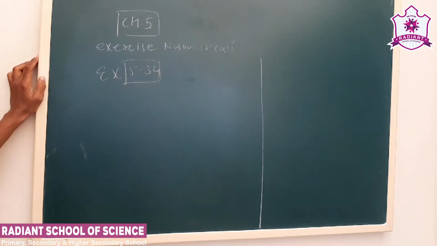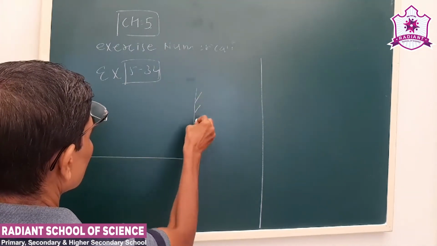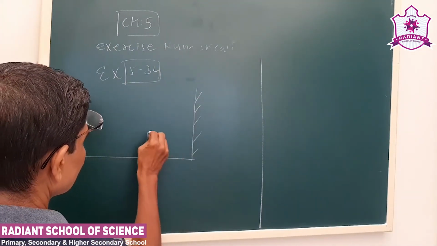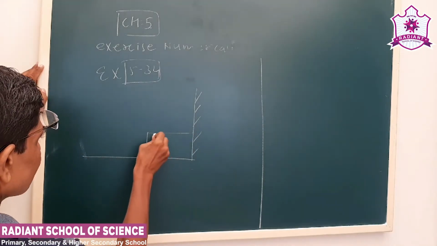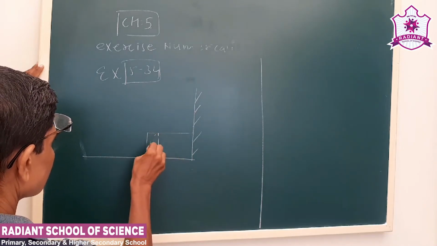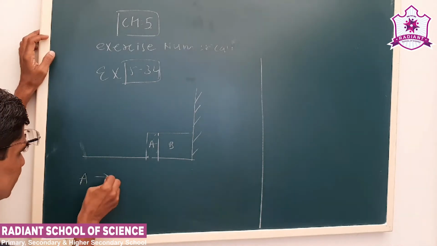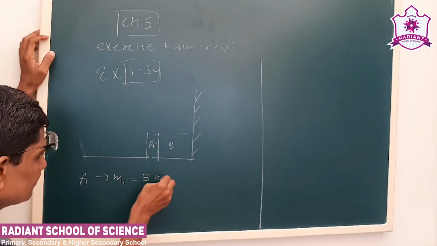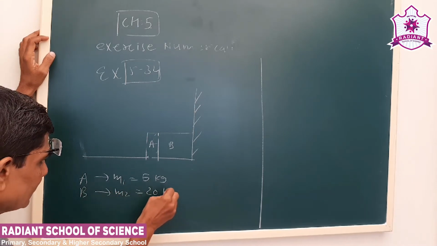Now this one is very interesting. Here is a system of two blocks, let us say A and B. A has mass M1 of 5 kg, B has mass M2 of 20 kg.